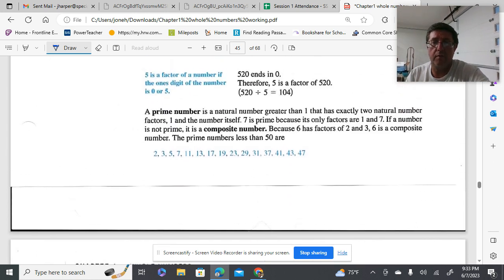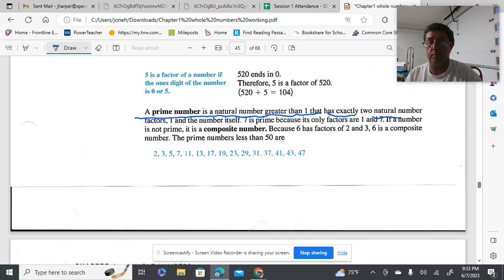Okay, right here. A prime number is a natural number greater than 1 that has exactly 2 natural number factors, 1 and the number.